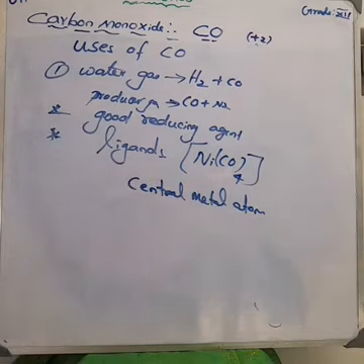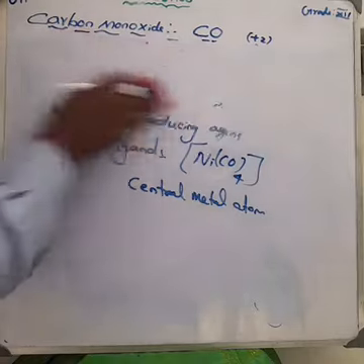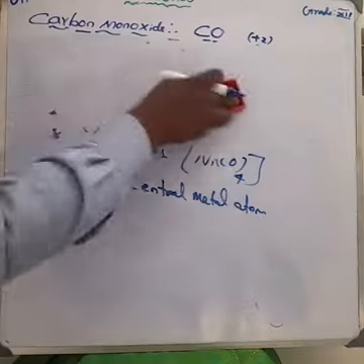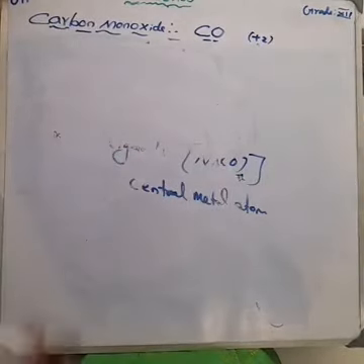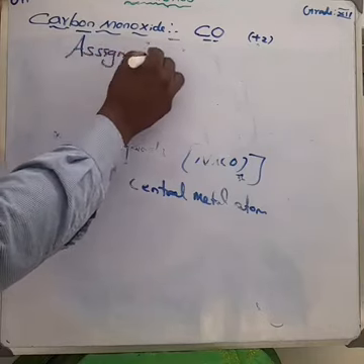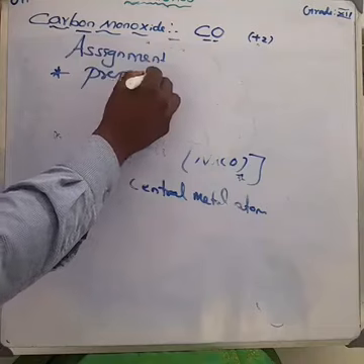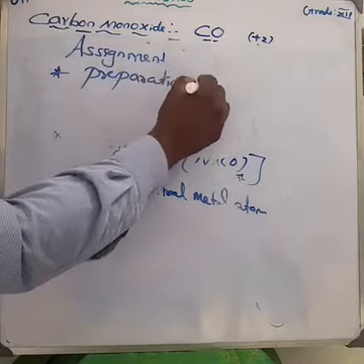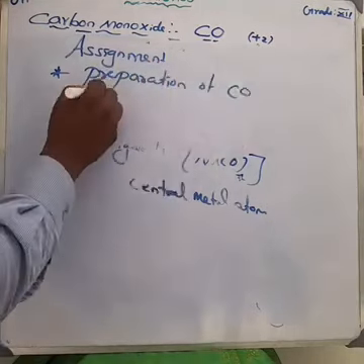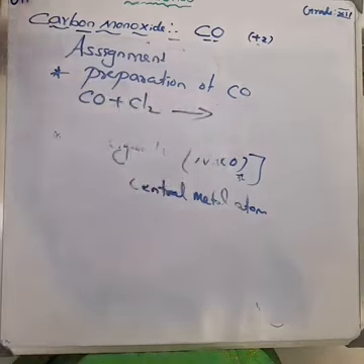Anyhow, today I am giving some very important questions. First, the preparation of carbon monoxide. You have to write any one preparation. Also, what happens when carbon monoxide, that is CO, reacts with Cl2? That is the second question.